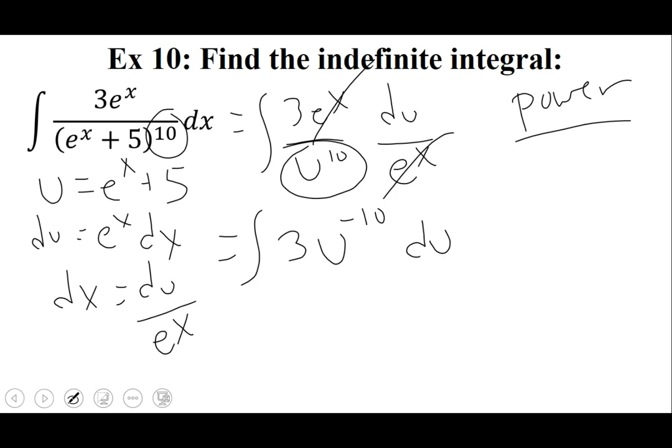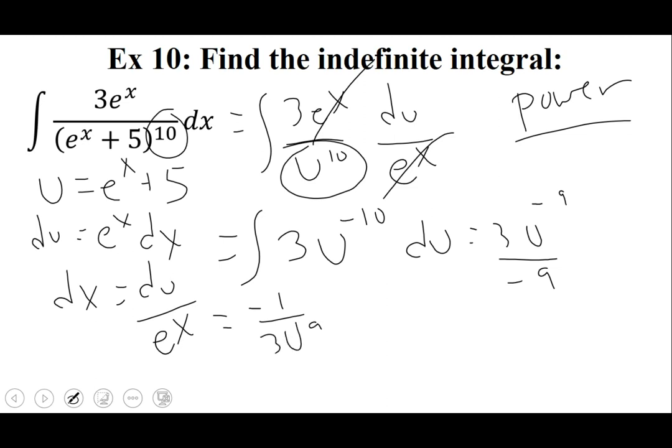So looking at this problem right here, now that I've identified all the different steps, this is actually not an ln integration, and it's actually not even an e integration. This is just a power rule integration. So that's why it's very important that you take your time realizing who the u is. So how do you integrate 3u to the negative 10? Well, leave the 3, raise the u to the 1 higher power, which is negative 9, divided by that same power, which is negative 9. 3 over negative 9 becomes negative 1/3.